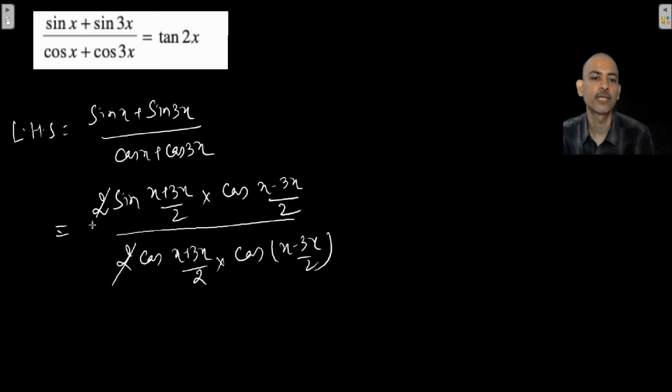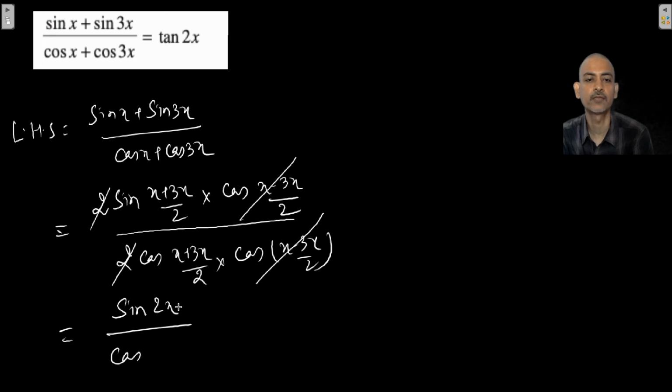So my 2 cancels out, cos of x minus 3x by 2 cancels out. So we are left with sin of x plus 3x is 4x, 4x divided by 2 is 2x, and in the same way x plus 3x is 4x divided by 2 is 2x. So sin 2x upon cos 2x is nothing but tan 2x.